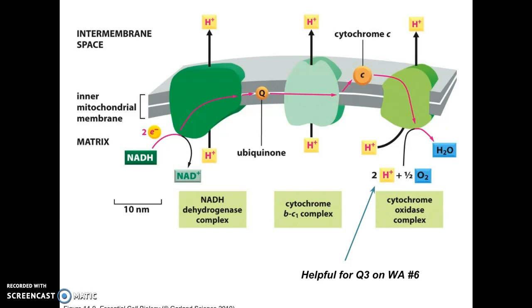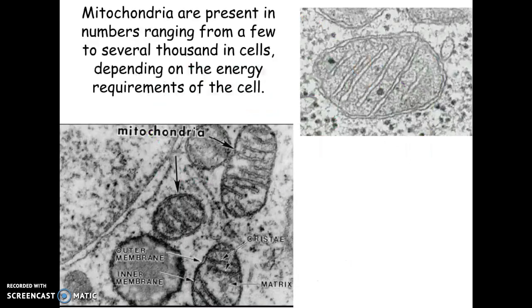The electrons fall down in energy level by moving from least affinity to most affinity, and that energy is used to move hydrogens across the membrane to create a hydrogen gradient.